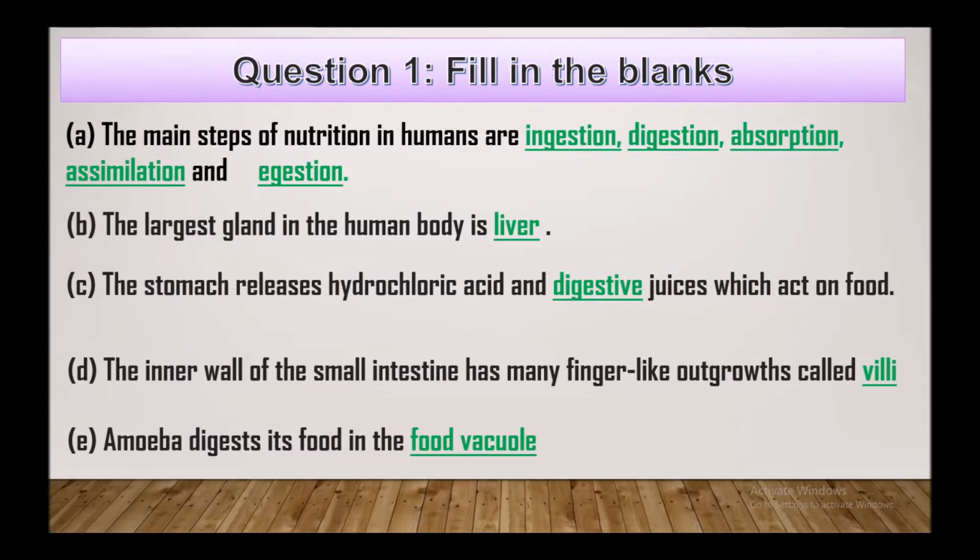The stomach releases hydrochloric acid and digestive juices which act on food. The inner wall of the small intestine has many finger-like outgrowths called villi. Amoeba digests its food in the food vacuole.